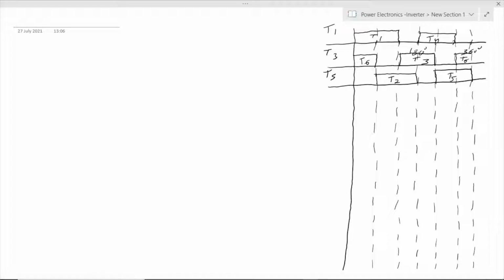These are blank sections which I am just shading. In these sections, none of the switches in the leg operate or conduct.